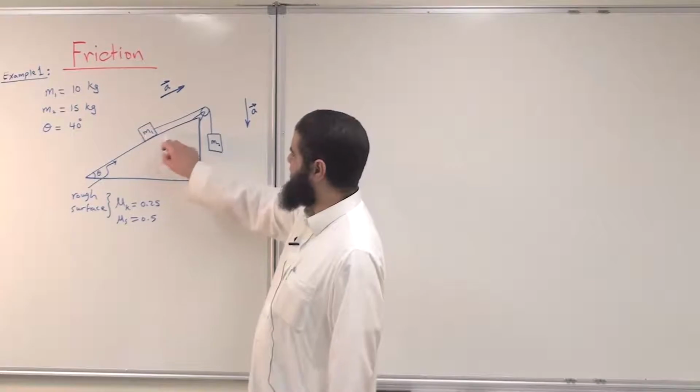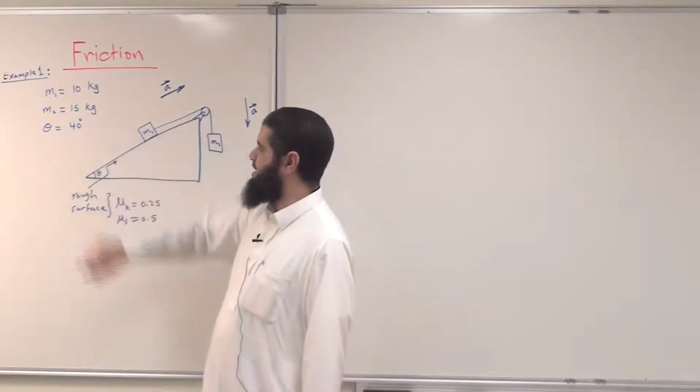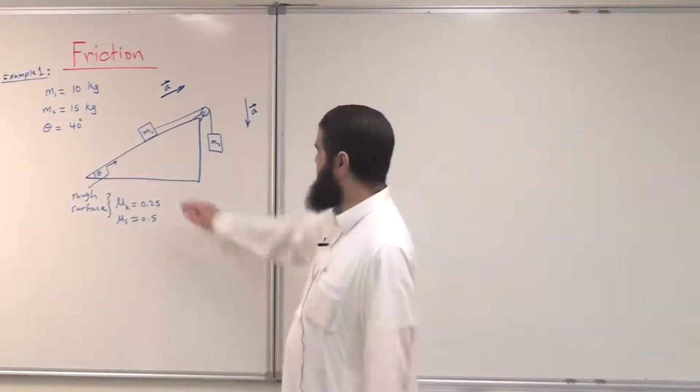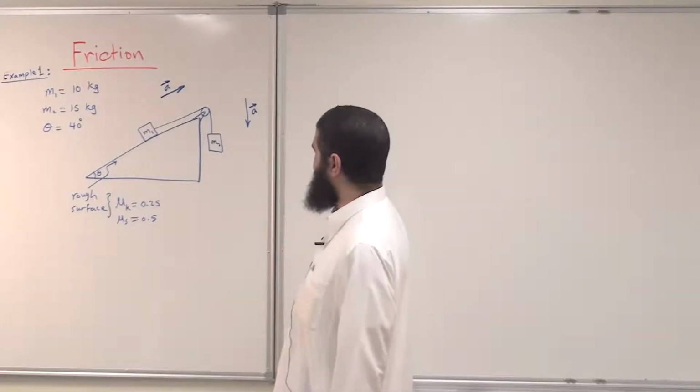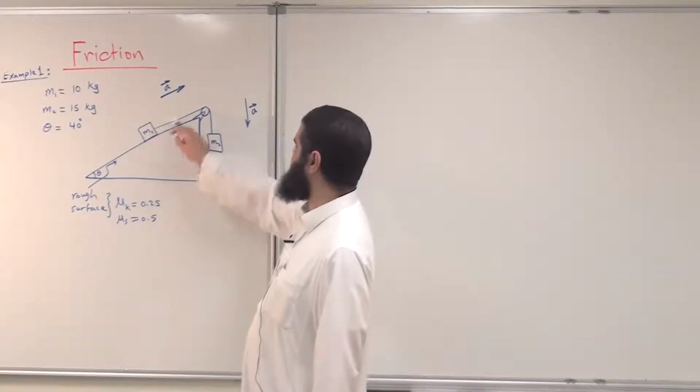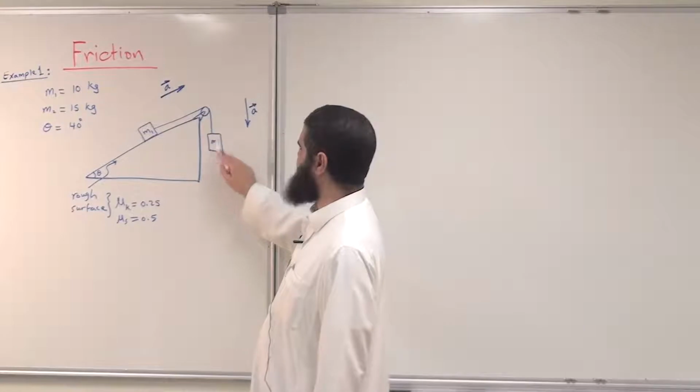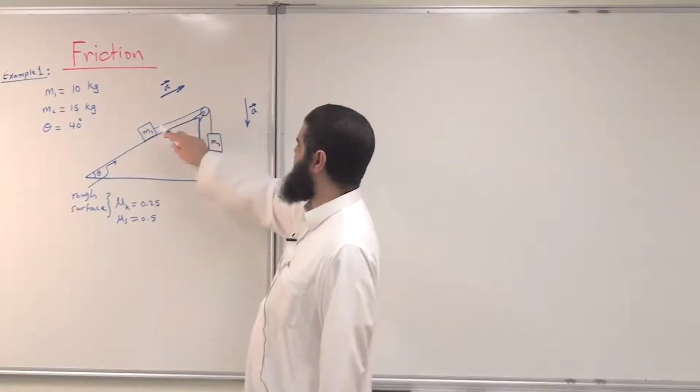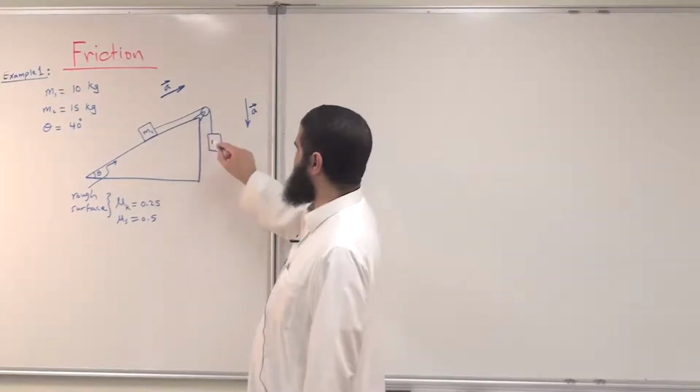So it is lying there on that incline. The angle of the incline is 40 degrees with the horizontal. It is attached to another mass, M2, through a pulley, and the string is passing over this pulley.